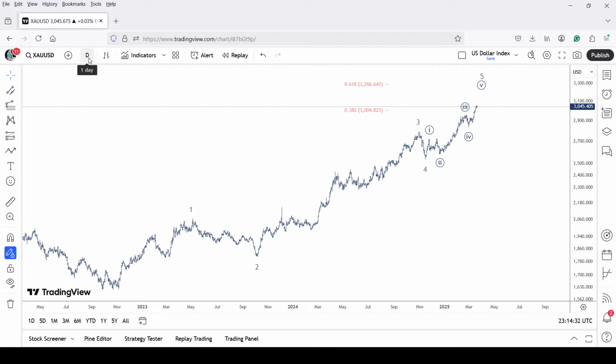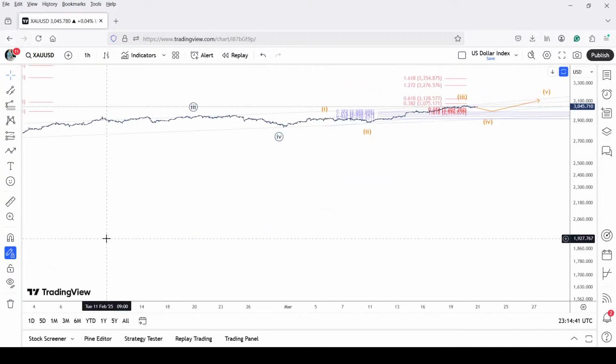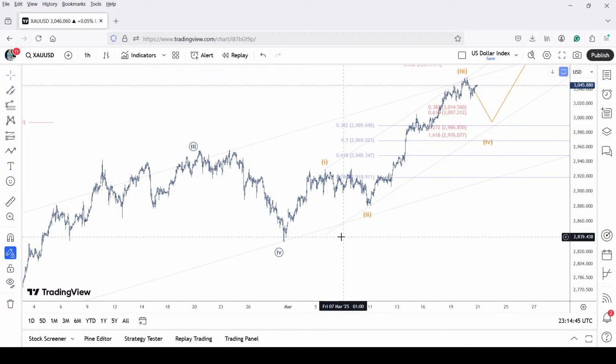Now if we dig even further within the last 5 waves, we've gotten 3 waves, that is, sorry, not sub-minute, it's minute wave 1, 2, and 3, and here they are.